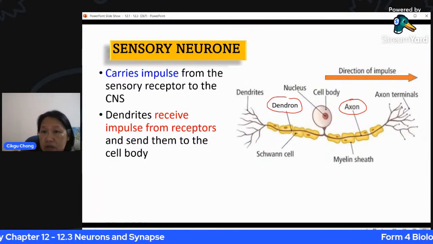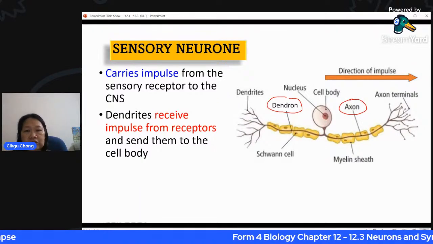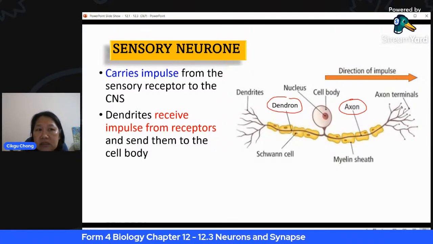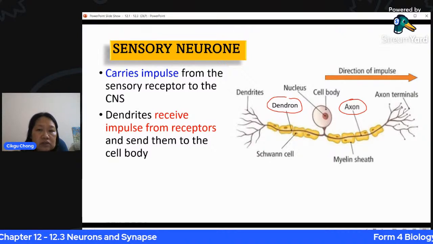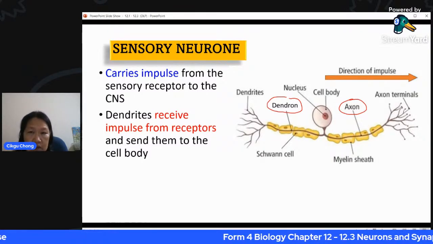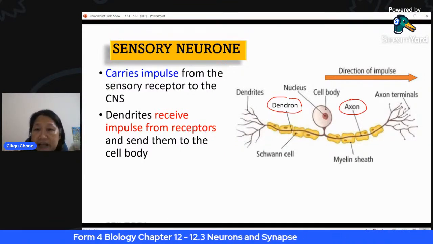The axon is the one that passes the impulse out of the cell body. So the direction is important whenever you look at a neuron or want to label it. If it goes away from the cell body, it is known as the axon. If it comes into the cell body, it is called the dendron.